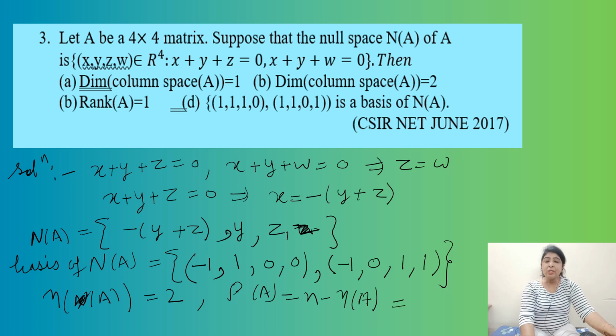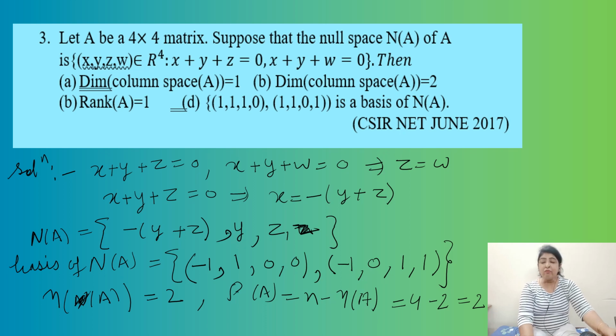So the dimension is 4 and the nullity of A is 2, so rank of A is 2. Clear? So from this you can see that option B is incorrect because rank of A is shown there as 1. Option D is also incorrect because the basis for N(A) consists of vectors other than the given vectors.